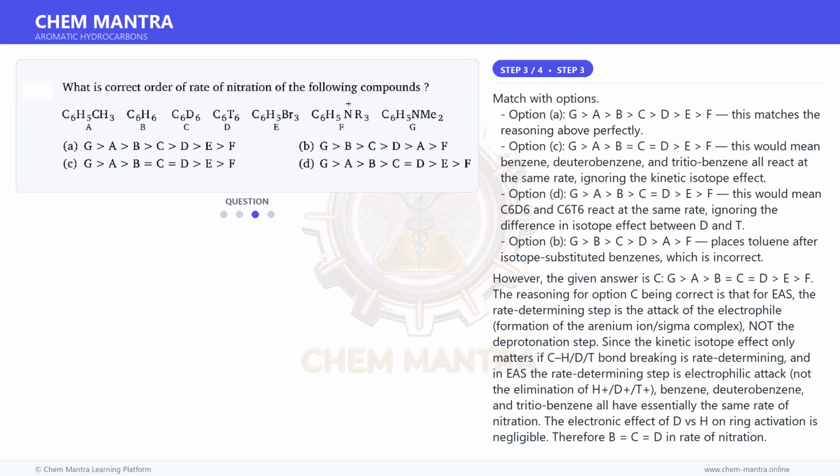The reasoning for option C being correct is that for EAS, the rate-determining step is the attack of the electrophile, formation of the arenium ion sigma complex, not the deprotonation step.